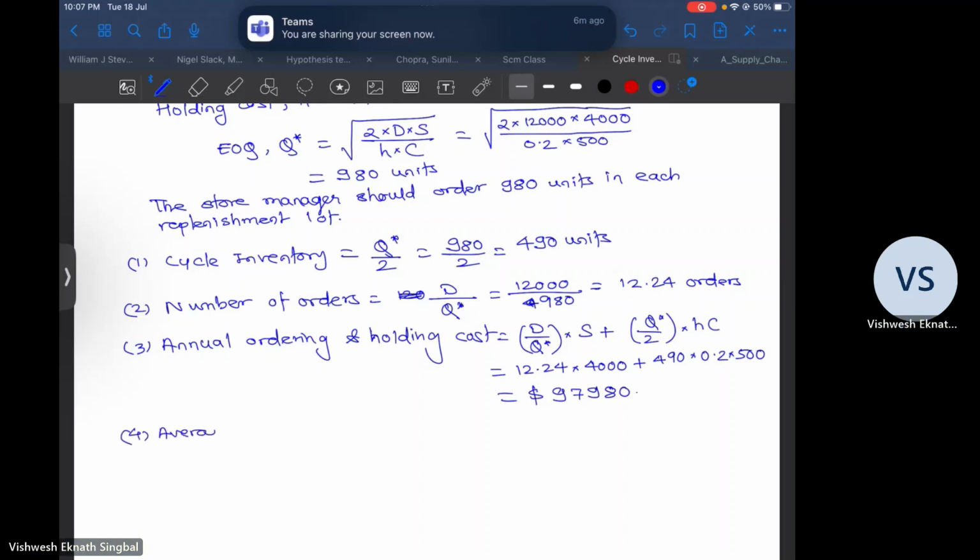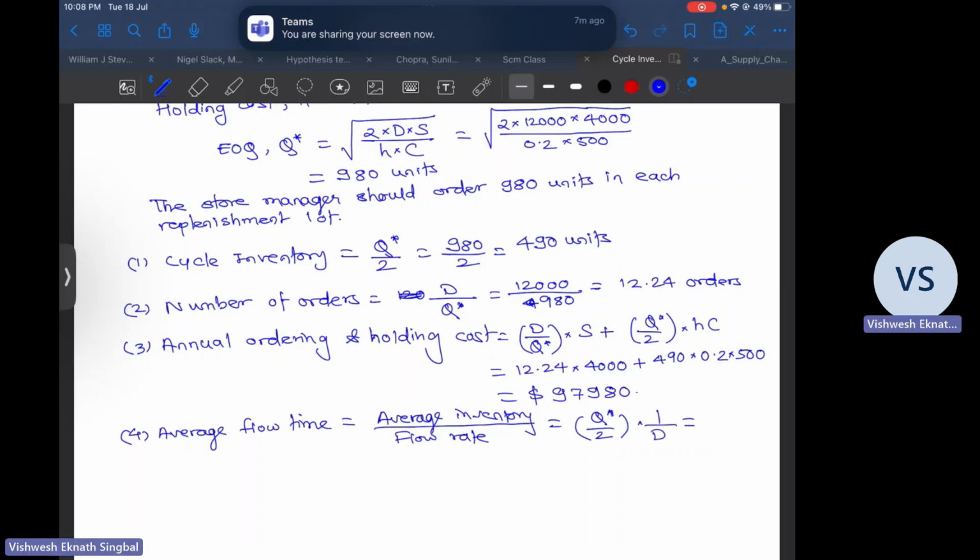All right. Next, we are asked the average flow time, which we will remember as average inventory divided by the flow rate. That is Q star by 2 into 1 by D, or Q star by 2D.